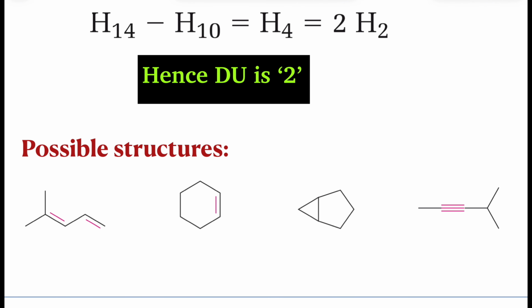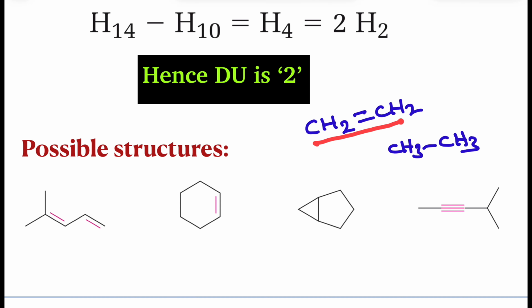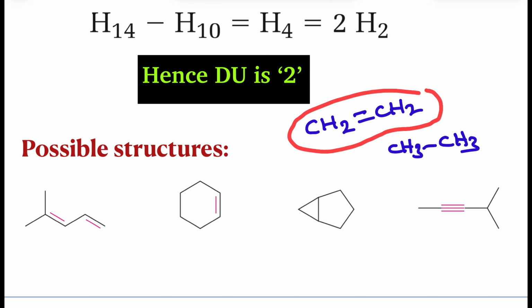What I am trying to convey is, for example, take CH2=CH2, ethene, and CH3CH3, ethane. Ethene has a deficiency of two hydrogens, which is one pair of hydrogens. This compound's degree of unsaturation is 1. That means it has one pi bond. Degree of unsaturation always indicates the number of pi bonds and the number of rings.